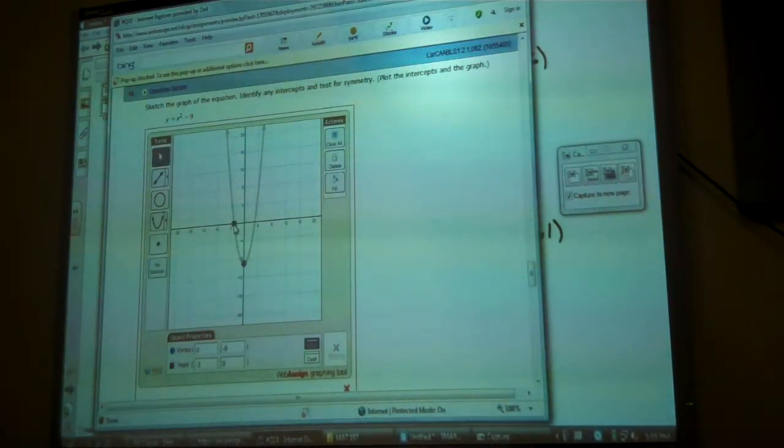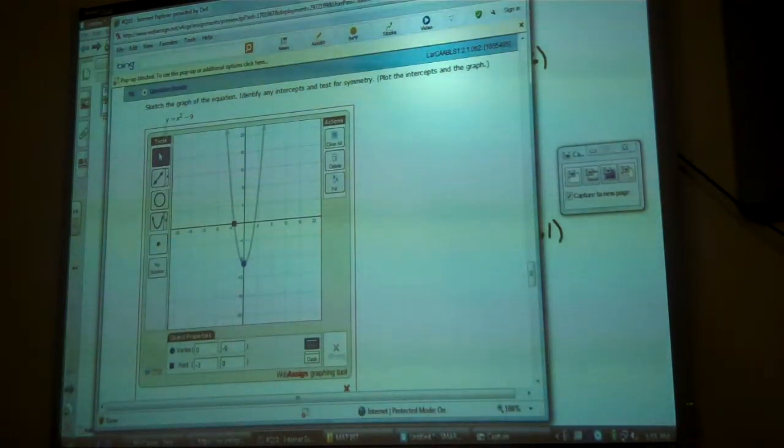If you click the mouse and hit delete, I got pretty good at that. So I guess you have to do some work. That's pretty neat.